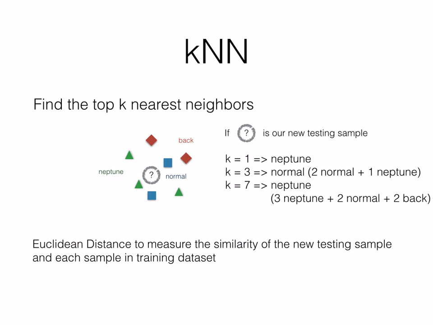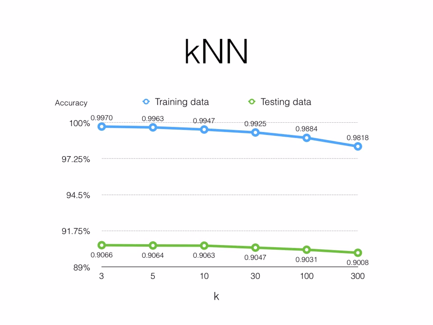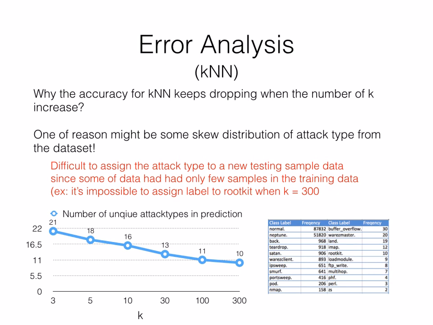And because there are two normal here, we see it as normal. So k is the parameter for the number of neighbors we need to consider, and k has very good performance, but it decreases when you increase the number of k, and I want to discuss this a little bit.